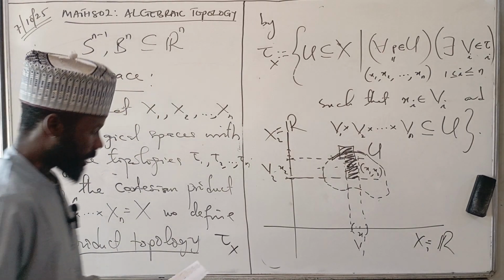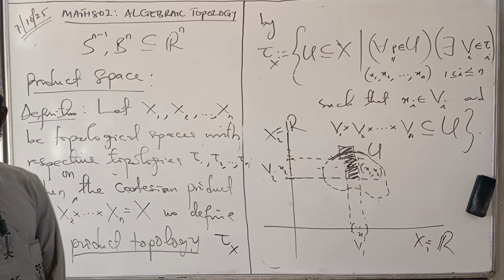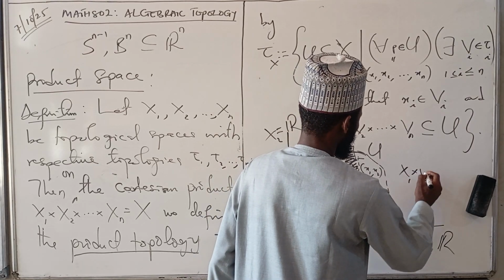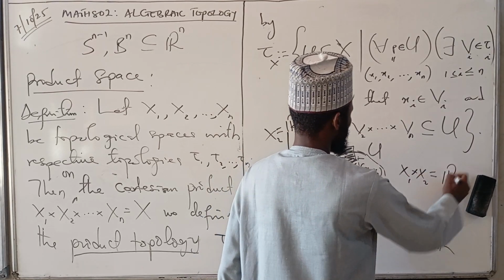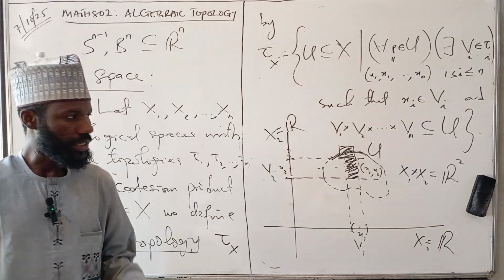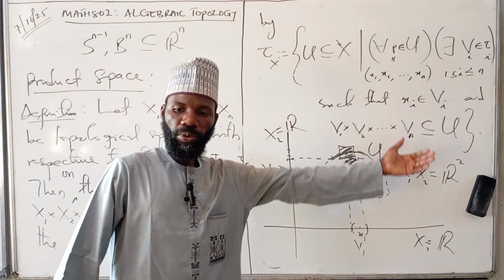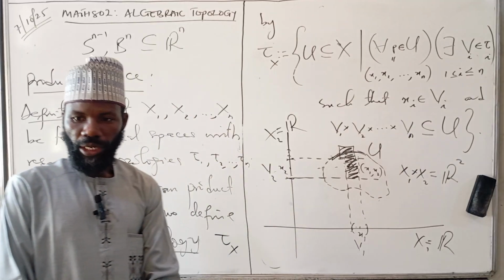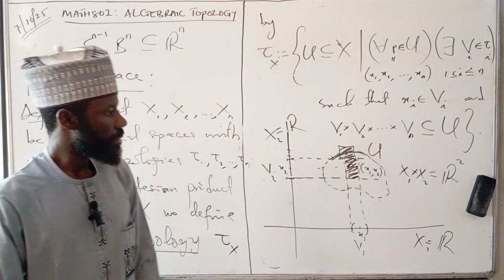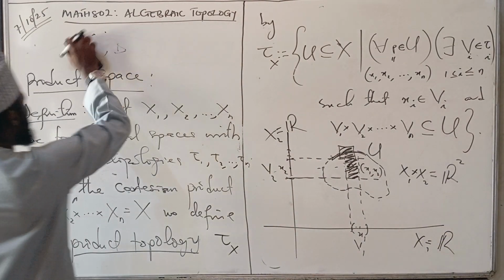Yeah, so that is it. Well, I have given you already one example. This is x1 cross x2, and that is R2. So that is how the topology of R2, the standard topology, is constructed from the topology in R1. Are you following? Because it's R1 cross R1 that gives rise to the real plane.